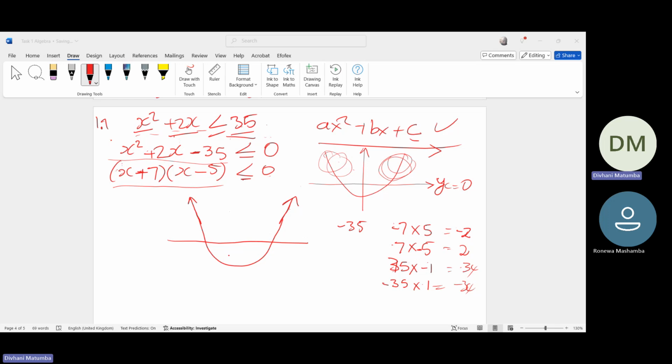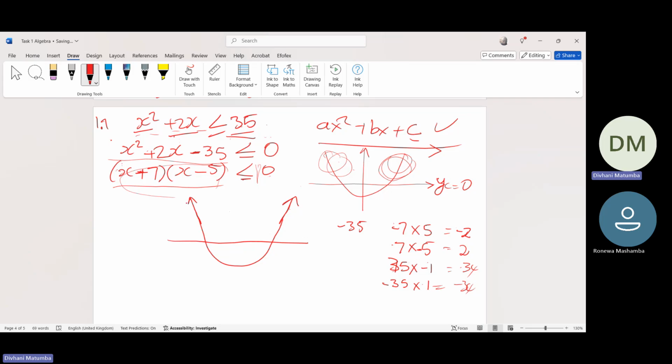What they are saying here is let us go and find the x values whereby this is our function, whereby our function is less than 0. Our function meaning whereby the y value is less than 0. Where is it?